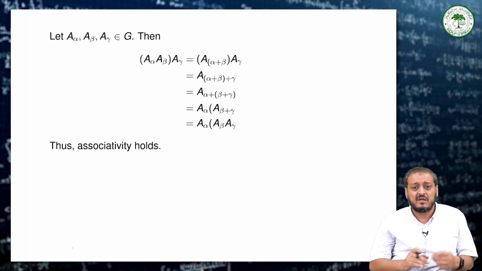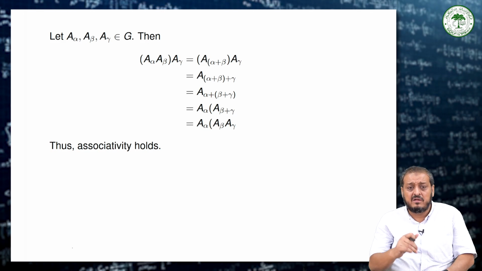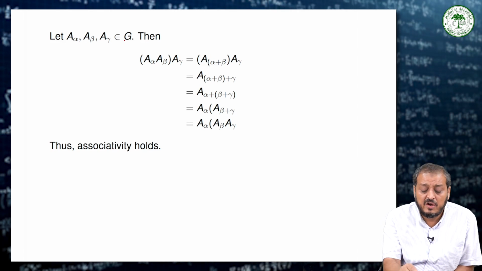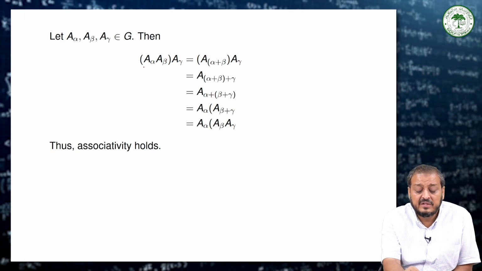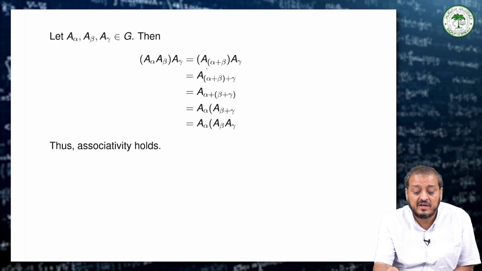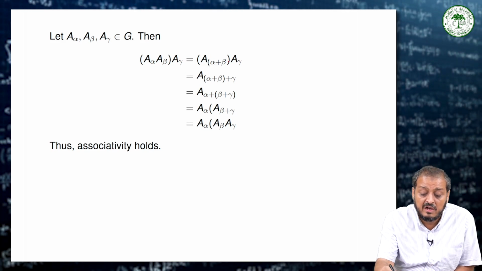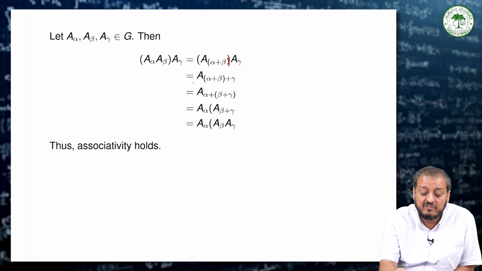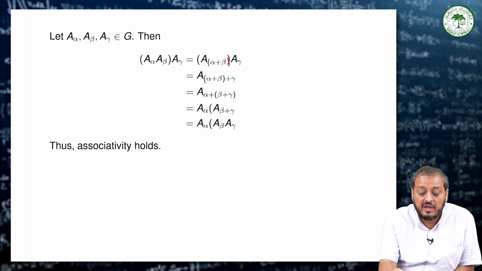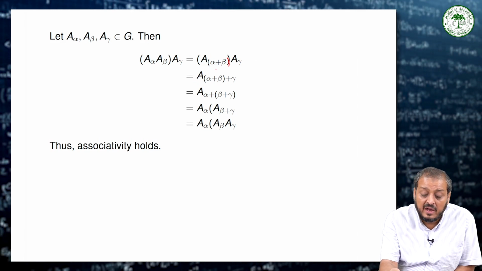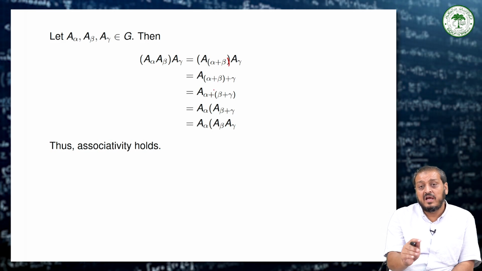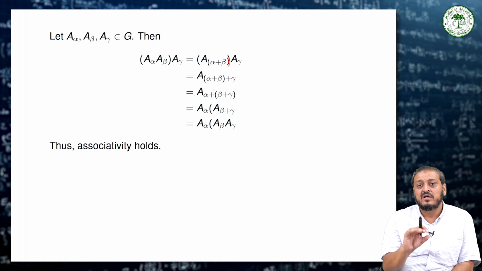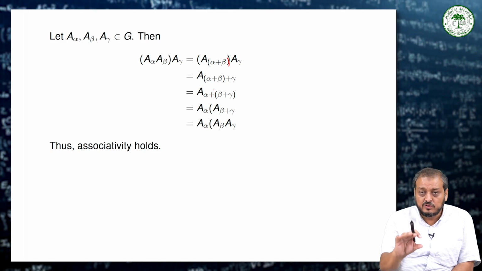Associativity: clearly A alpha, A beta and A gamma are three elements of G. Then we have A alpha, A beta, A gamma. A alpha times A beta can be written in the form of A of alpha plus beta, times A gamma, and then we can write A of alpha plus beta plus gamma. Alpha, beta, gamma are real numbers, and real numbers under addition satisfy the associativity condition.